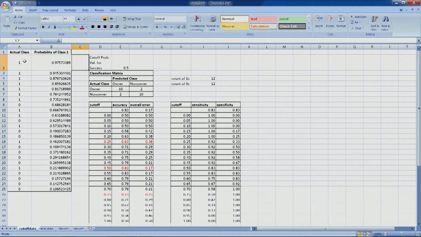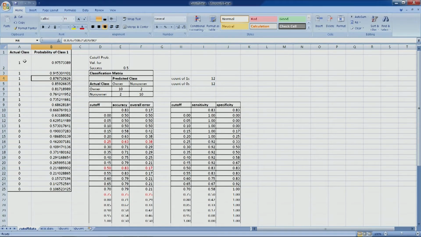If we take the cutoff probability value for success as the default value, 0.5, as we discussed before, the first observation, with actual class 1, is correctly classified as class 1 because its probability value is more than 0.5. Similarly, the second observation is also correctly classified, having more than 0.5 value. Same for this case.